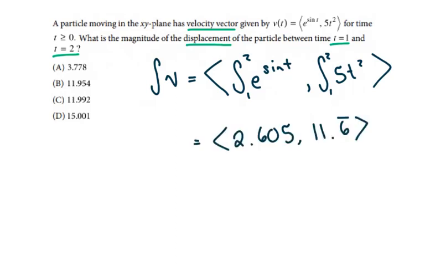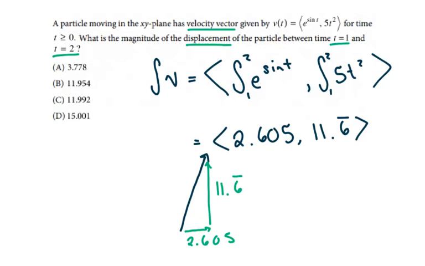So after typing it into your calculator, you should end up with your component forms, meaning that we have a displacement vector that would look like this, with our horizontal of 2.605 and our vertical component of 11 and 2/3, or 11.6 repeating.